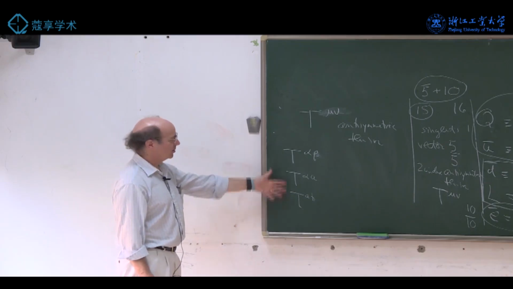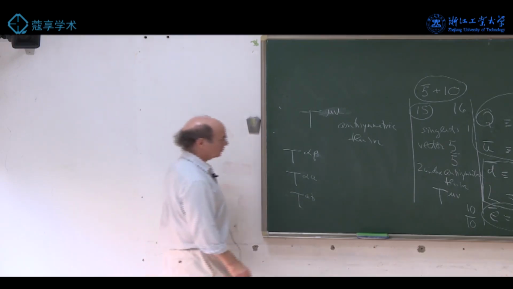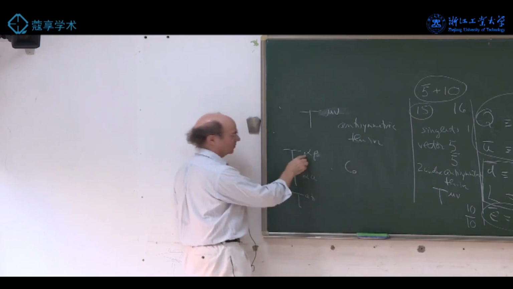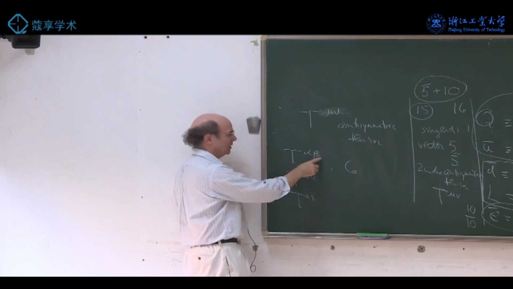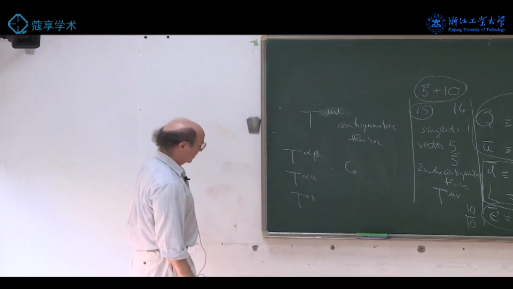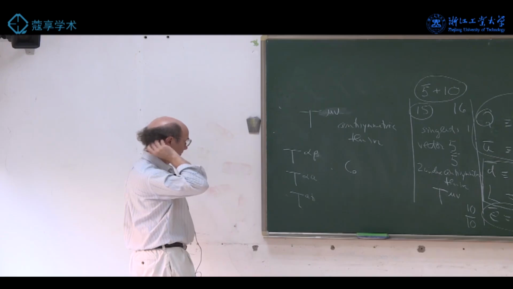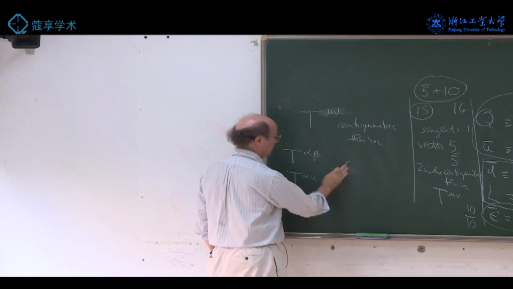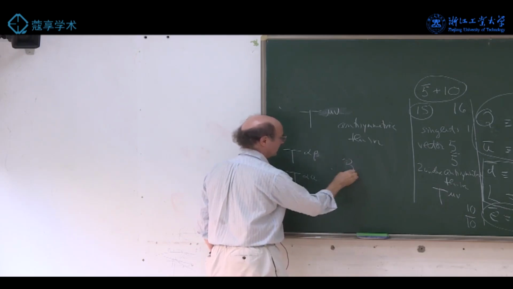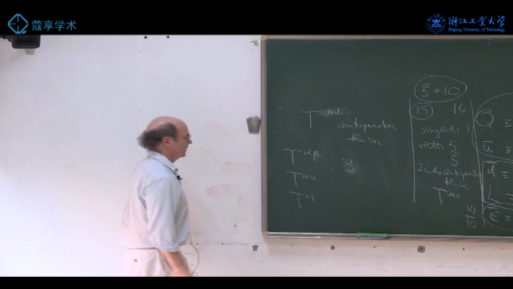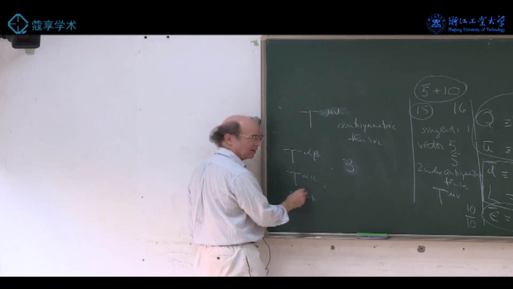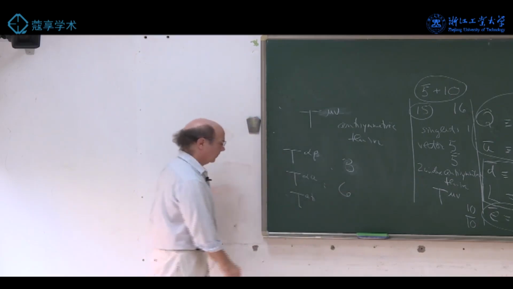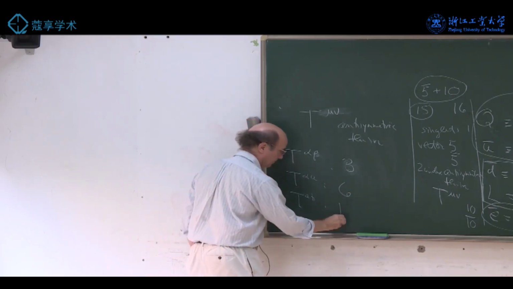Okay, let's count how many degrees of freedom these have. This has 3, because it's anti-symmetric: 3 times 2 divided by 2. This has 6, 3 times 2. There's no anti-symmetry since these are different types. And this has 1.